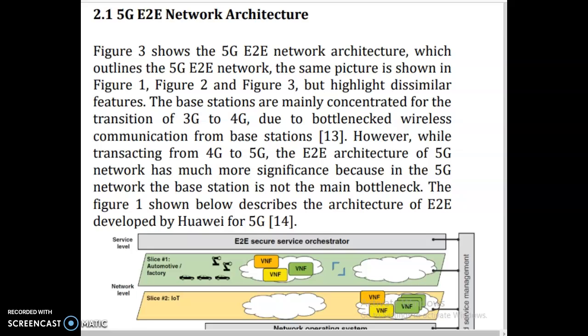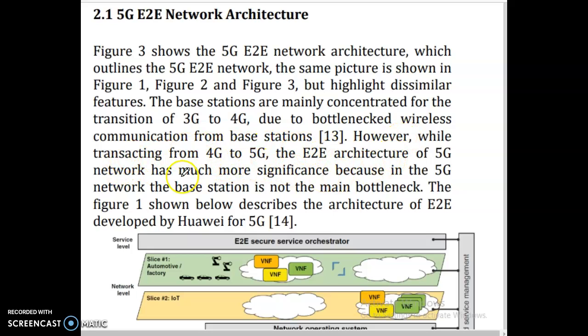The base stations are mainly concentrated in the transition from 3G to 4G due to the bottleneck of wireless communication from base stations.